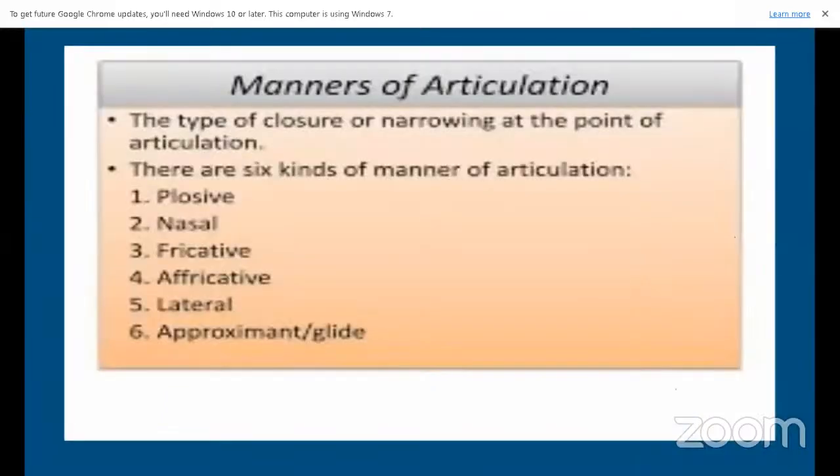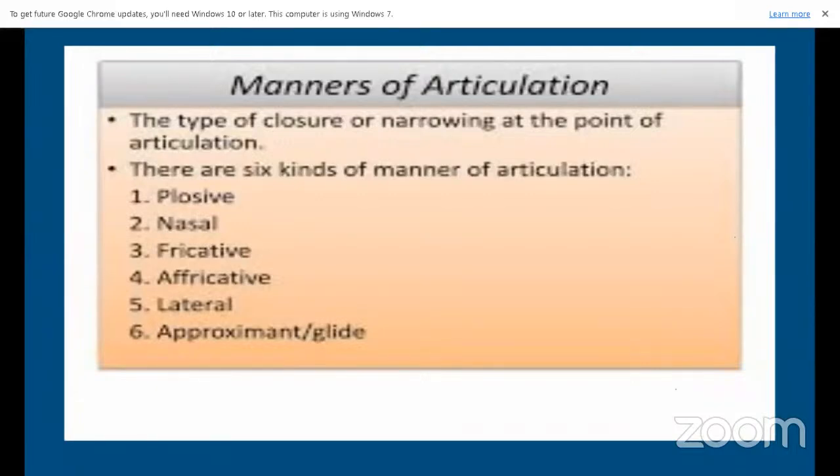So here, when I say manner of articulation, what do I mean by manner of articulation?